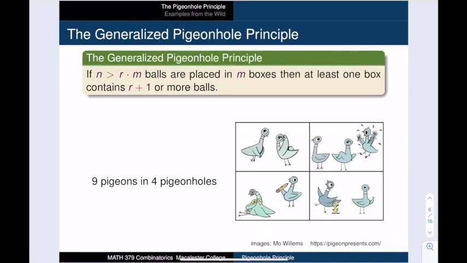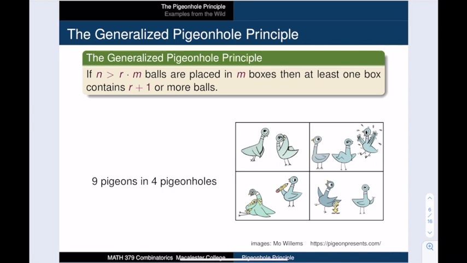We also have the generalized pigeonhole principle. An example of this generalized version is that if we place 9 pigeons into 4 pigeonholes, then some pigeonhole must contain at least 3 pigeons. The most even distribution of birds would place 2 in each box, leaving 1 more pigeon that has to go somewhere. And so here is the generalized formulation of the pigeonhole principle.